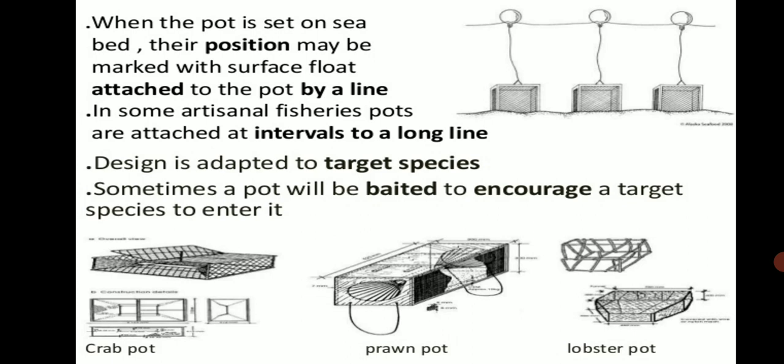In some artisanal fisheries, pots are attached at intervals to a long line. The design is adapted to the target species. Sometimes bait is used to encourage the target species to enter it. These are the crab pot, prawn pot, and lobster pot.